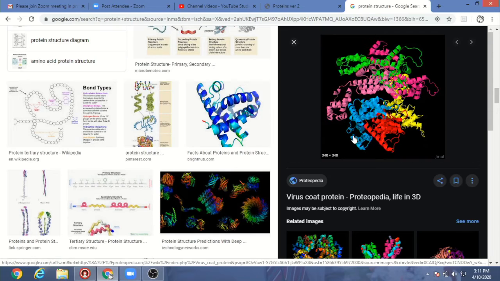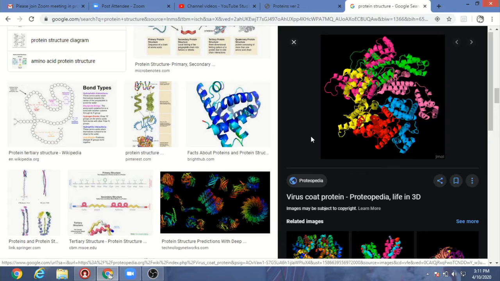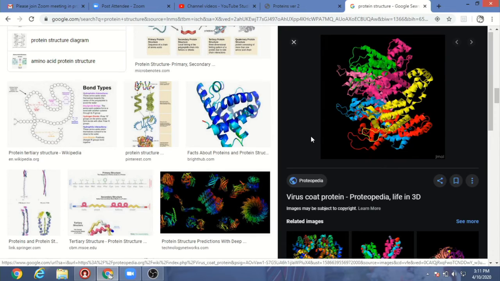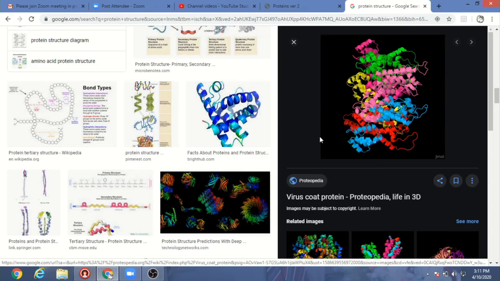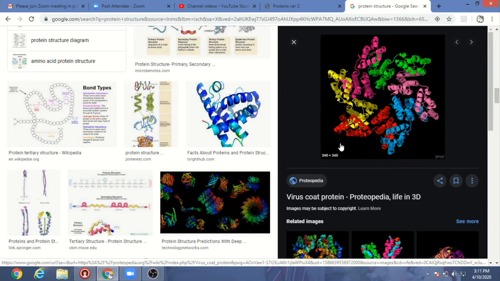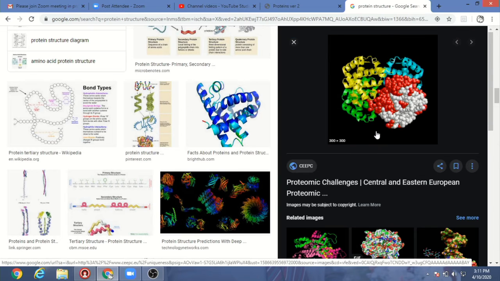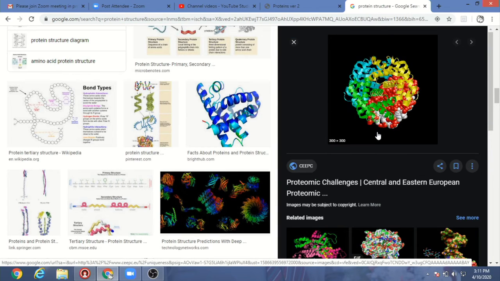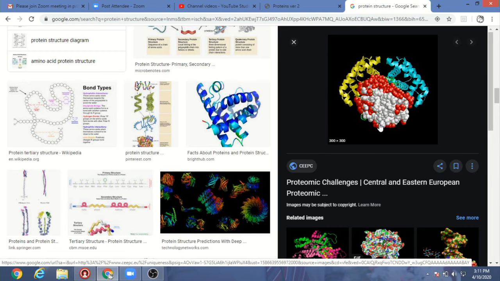There's a virus coat protein. Oh, look, you got some animation there. Isn't that neat? It's like one of those pinwheels that have little blades. Isn't that awesome? I wonder how many of these 3-dimensionals I could get in animation. Oh, nice. That looks like a mix between a space filling model and a ribbon diagram.